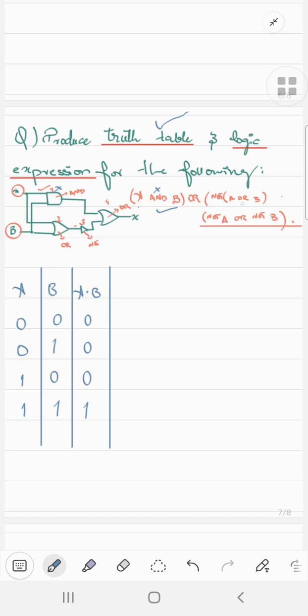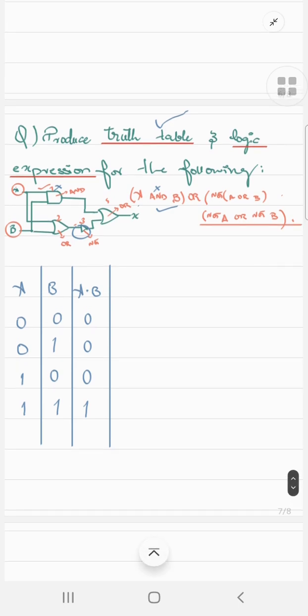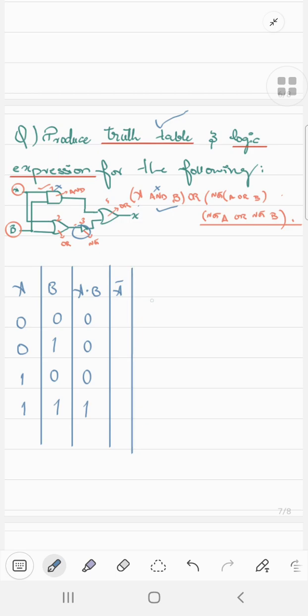Then they say NOT A or NOT B. What does this gate imply? This implies both the values of A and B are being inversed, right? The function of the NOT gate is to inverse. So A inverse, B inverse.